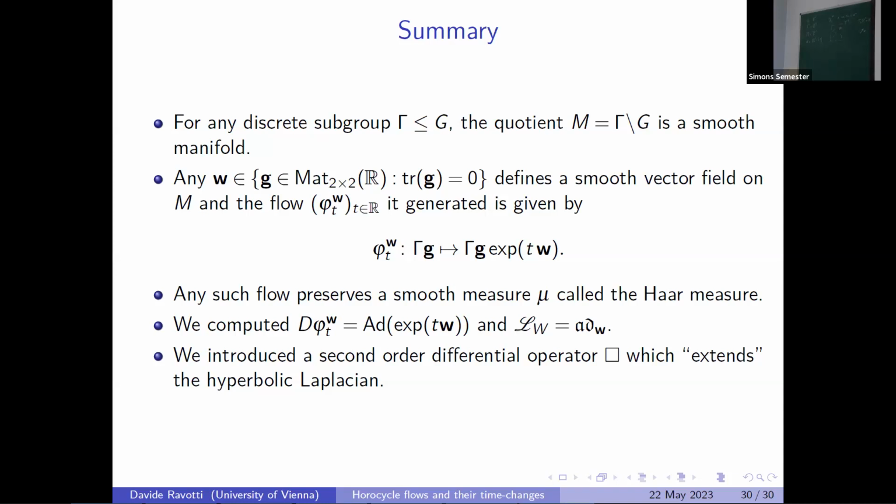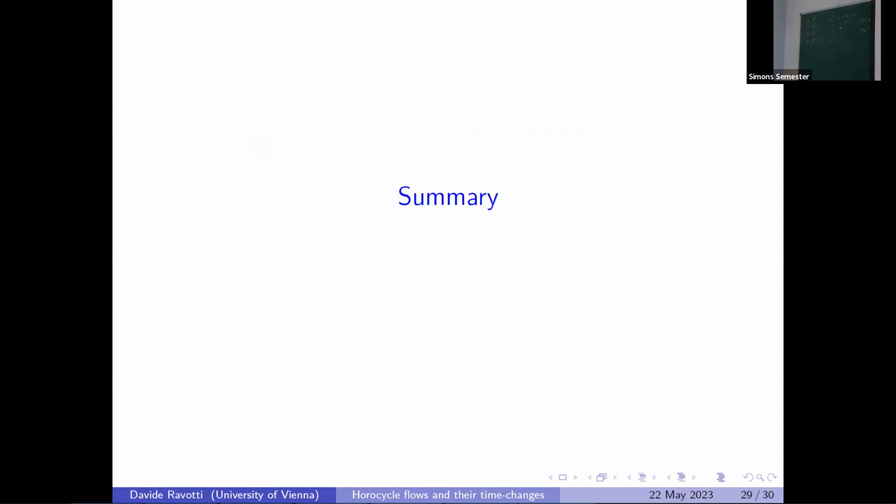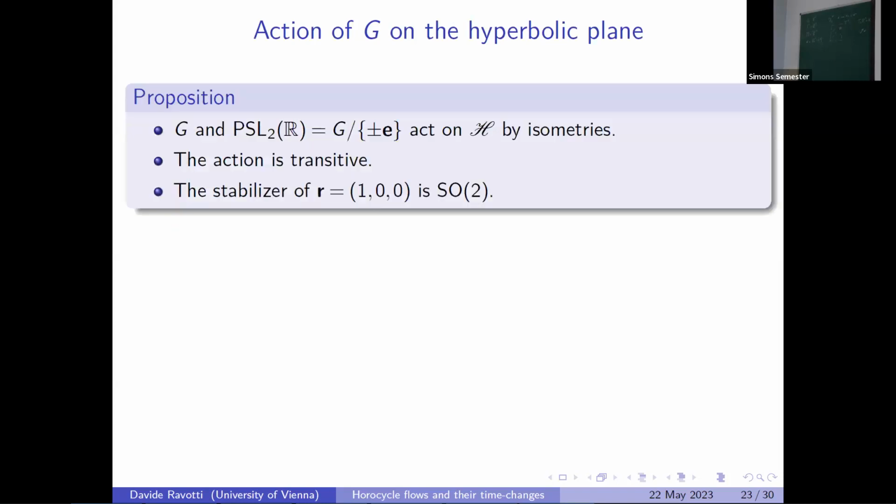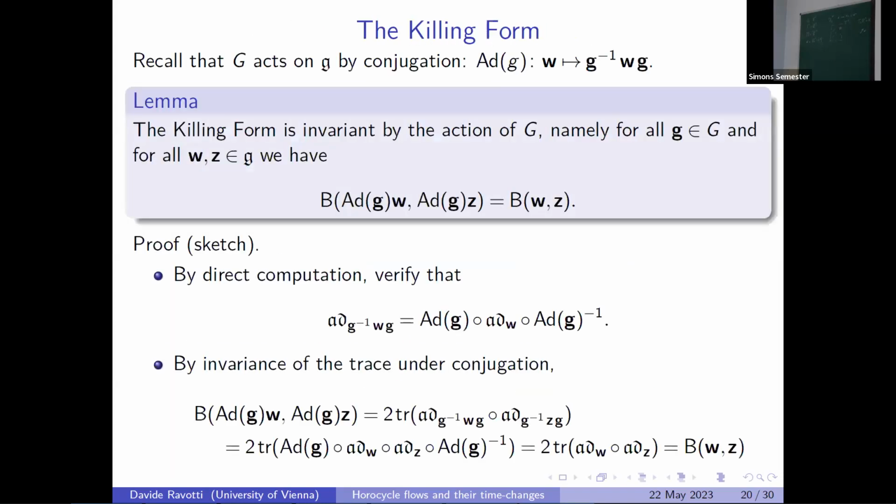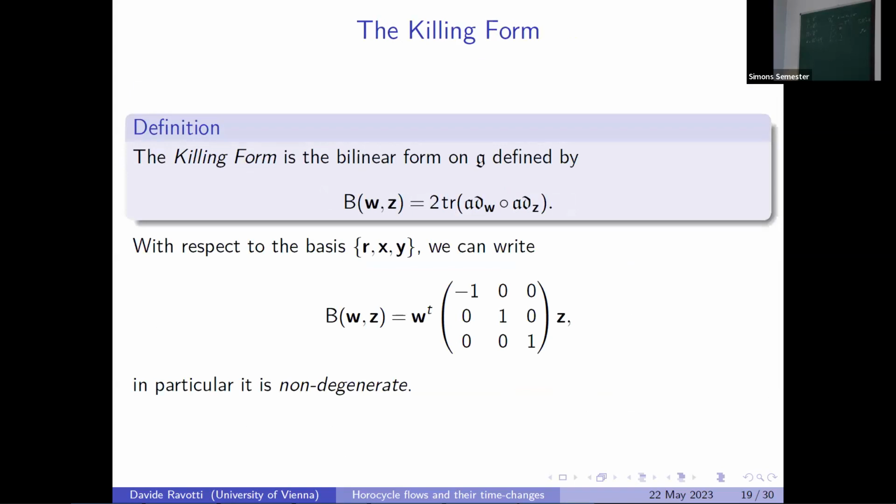And now we will finish by introducing this operator. So let me go back. Okay, so we introduced last time the Killing form, which I just recall. It was a bilinear form defined in this way. And what we observed is that in this basis R, X, Y, maybe I'll just write it down in case we forget. R was the matrix 0, -1, 1, 0.